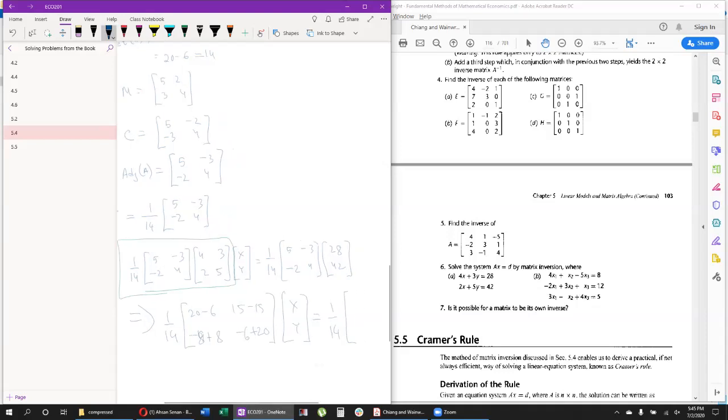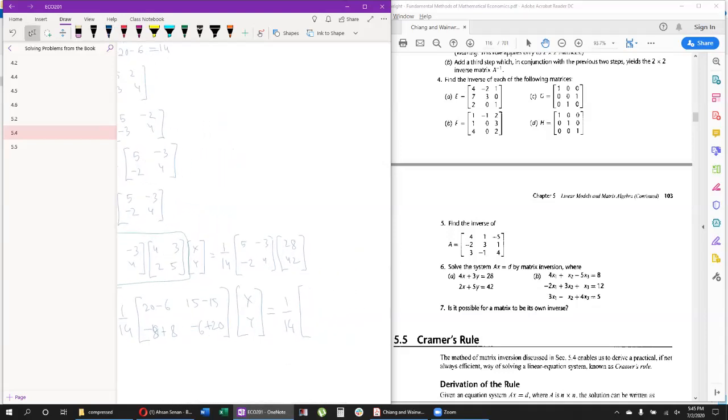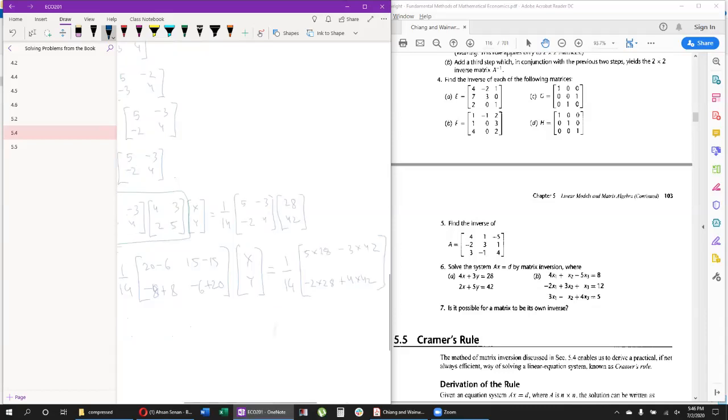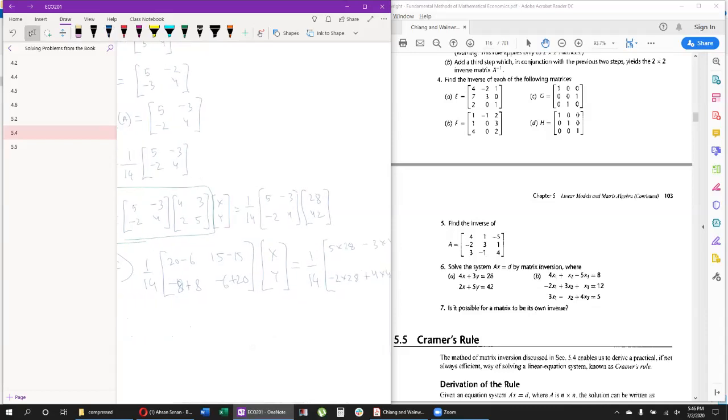let's do this multiplication as well. So we get 5 times 28 minus 3 times 42. And down here we get minus 2 times 28 plus 4 times 42. Okay.